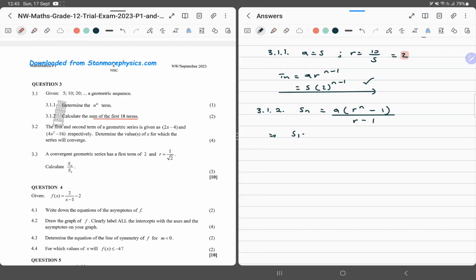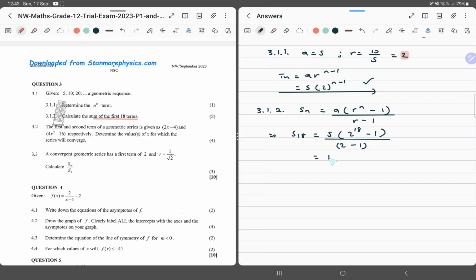So this implies that S18 is going to be, now a is 5, into r is 2 to the exponent 18 minus 1, all over 2 minus 1. So let's do that one. We've got 5 into 2 to the exponent 18 minus 1 essentially.